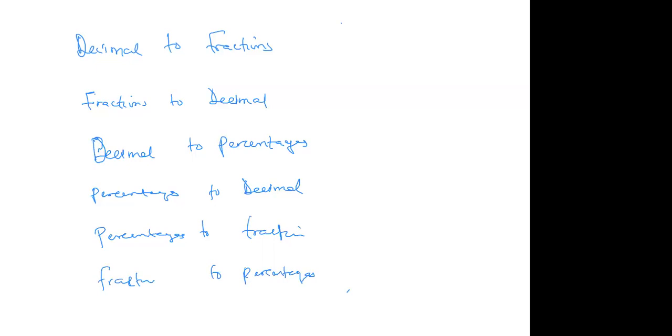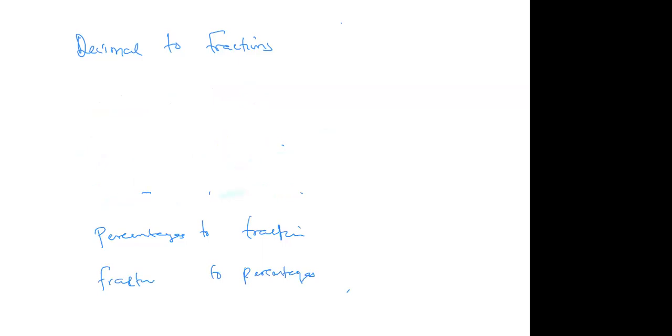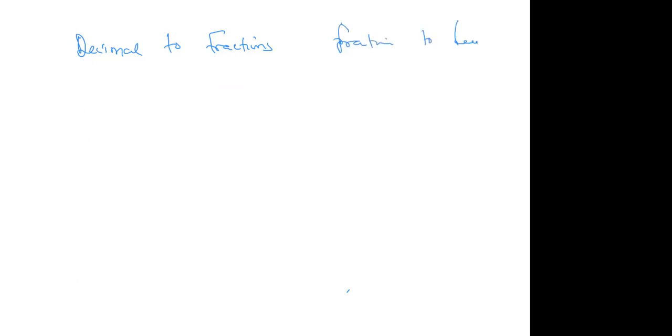I will roll this first part off. Don't worry about copying it down for now, because it's being recorded, so you're going to have access to the recording. There's no point copying everything down now. The first one is decimal to fraction, and we also do fractions to decimal.